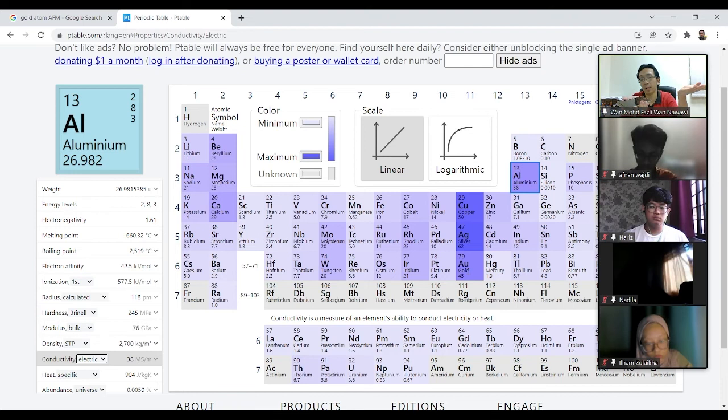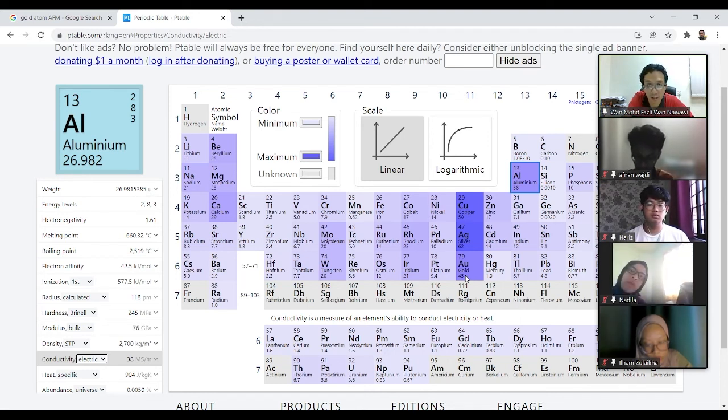They don't use copper. But if you look here, gold is lower in conductivity than copper, plus gold is also more expensive. Then why do people use gold inside electronics?